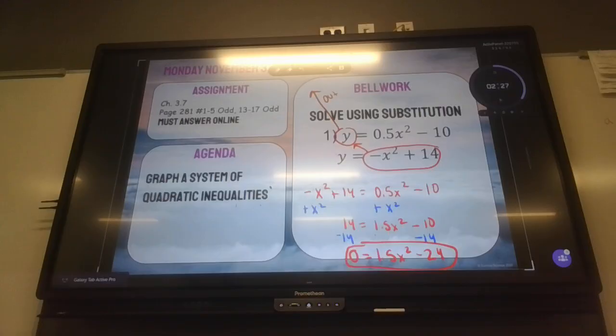It's negative 1 times x squared. Both numbers. Why? Oh, wait. 2 times 1.5. Right. Yeah.